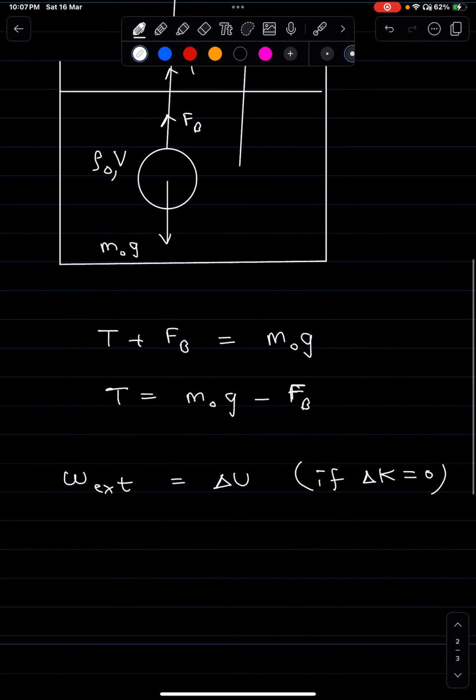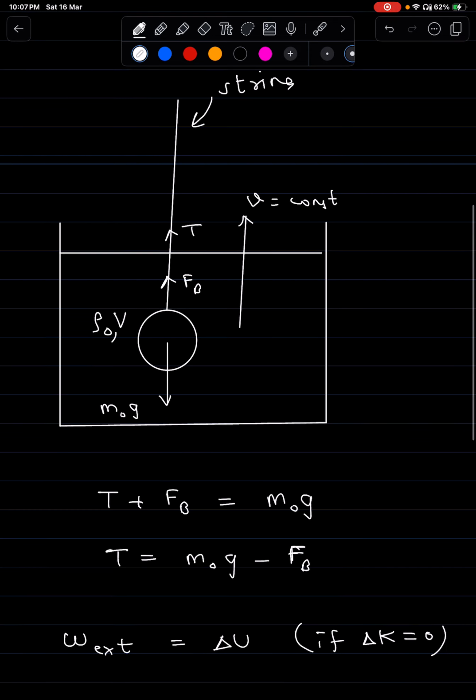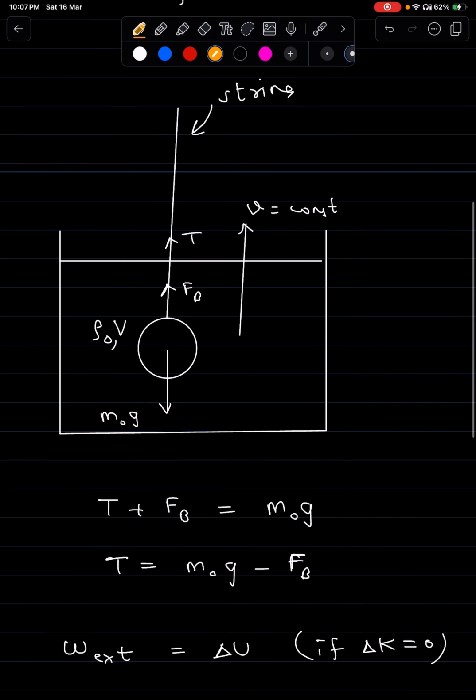Now let us see the work done by the external agent. The external agent is the one that is pulling up the string. So the work done by the external agent will be force into displacement. Let us say that the object moves up through a distance of h, and it is still in the water when it has moved up to a distance of h. It is not halfway inside the water and halfway outside.